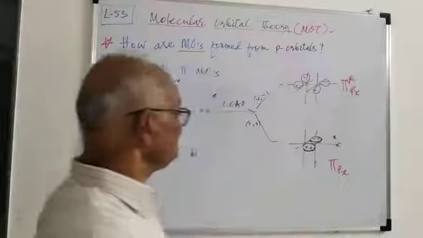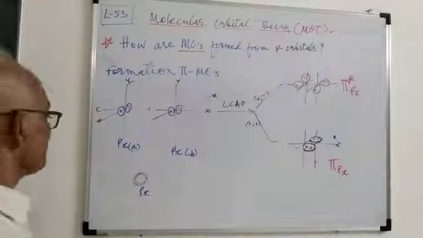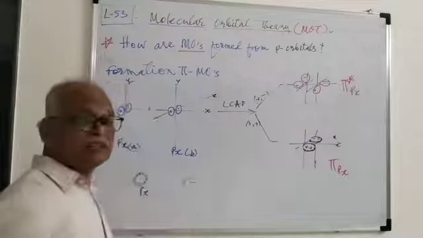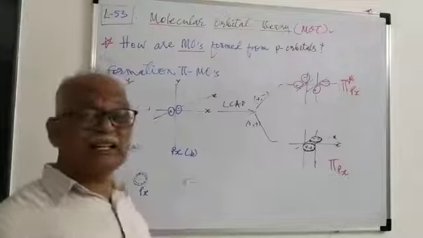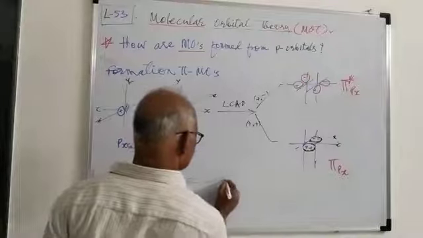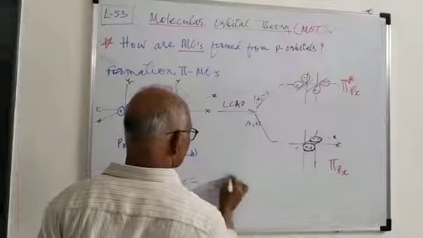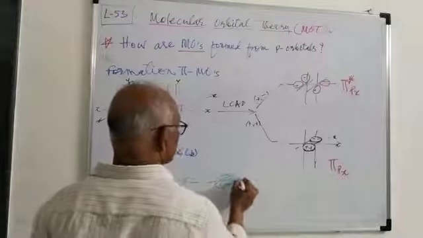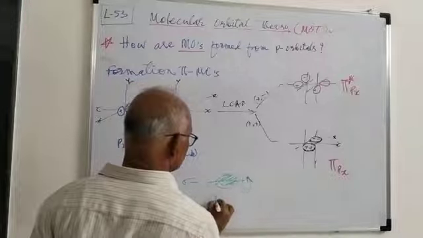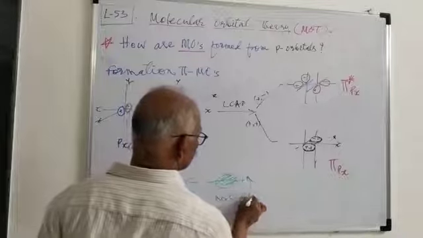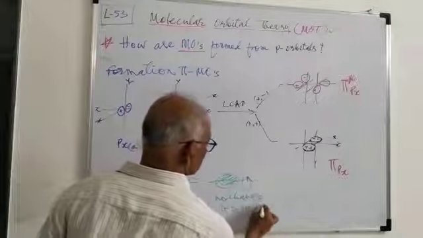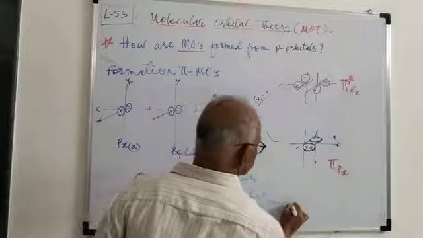So here sigma indicates that if electron cloud is present, say this is the electron cloud, and after rotation about this axis there is no change in sign of wave function.